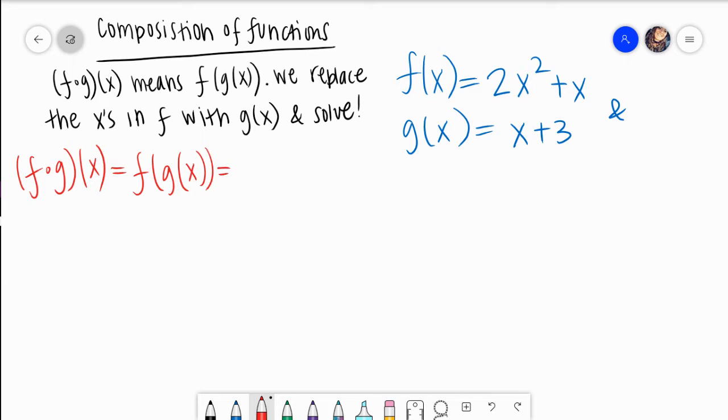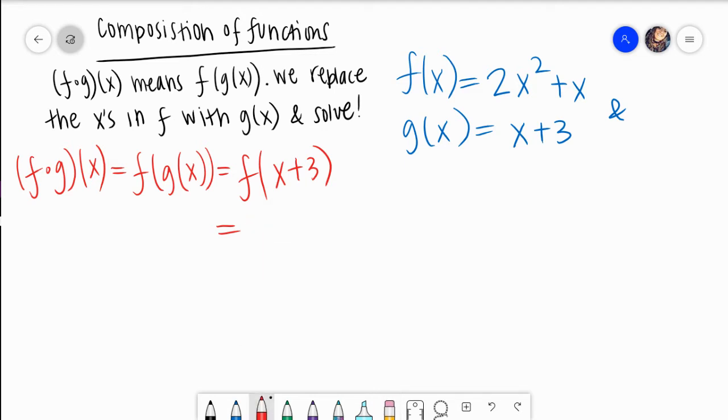So what this is saying is f of, it told me to plug in g, right? Well, my g is x plus 3. So if I look at my f of x function and I plug in x plus 3 wherever I see an x, then I can get to my answer.